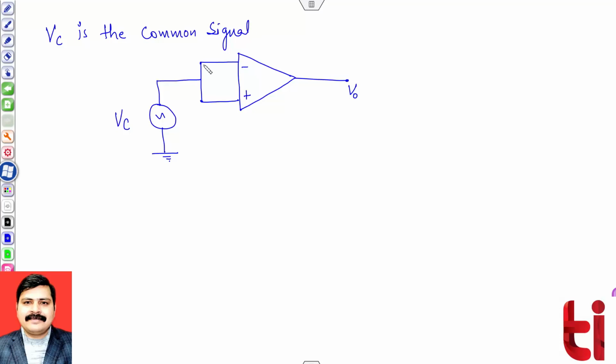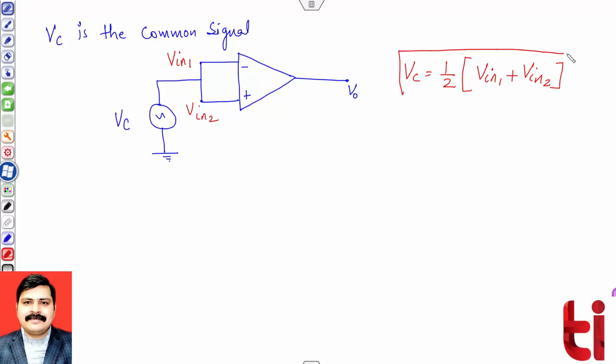I'm assuming that if the signal corresponding to the inverting terminal is V in 1 and the signal corresponding to the other terminal is V in 2, then my signal VC will be the average value of these two. So it will be the average value of V in 1 plus V in 2. This is my common mode signal VC.